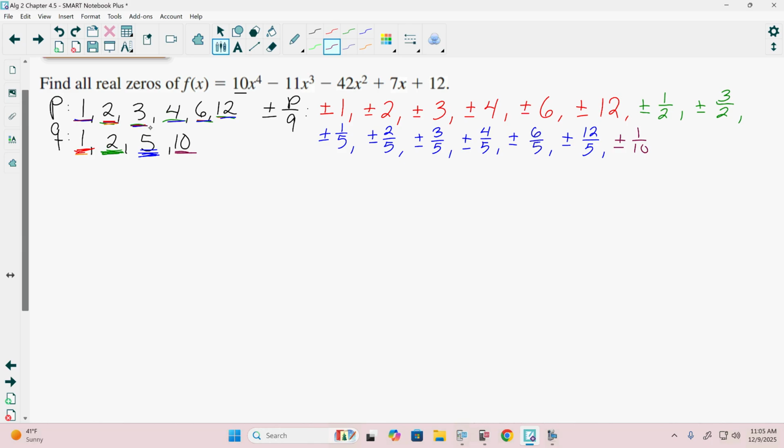Next one we have is 3 over 10, which would be 3/10. 4 over 10 is going to reduce to 2/5. 6 over 10 reduces to 3/5, and 12 over 10 reduces to 6/5. If you're not sure about them, just use the calculator. It will tell you the reduced form every single time. But making sure to reduce it gets rid of those extra factors because there's enough of them listed as it is, yes?